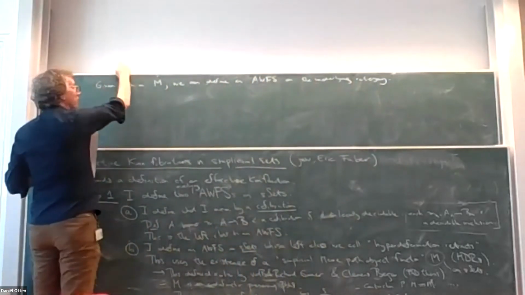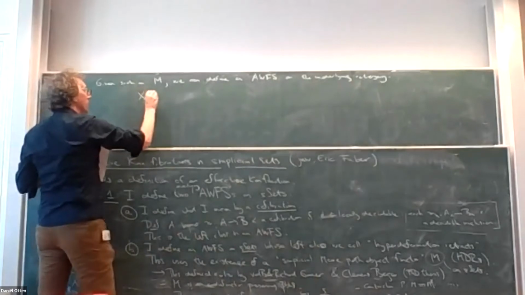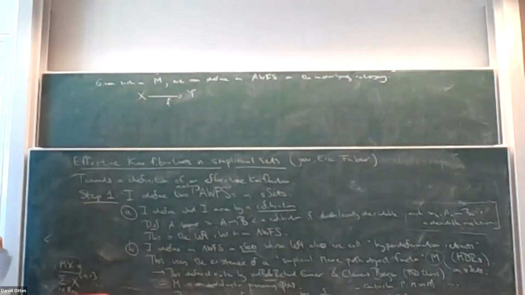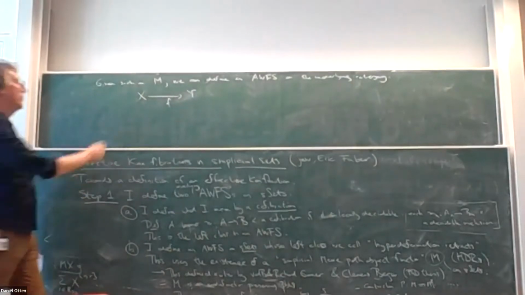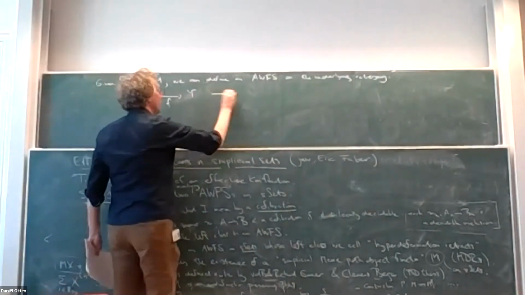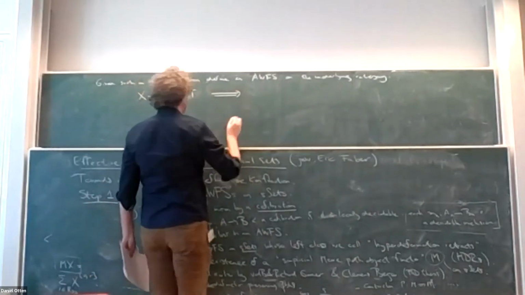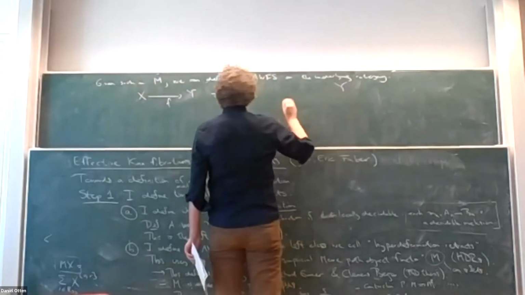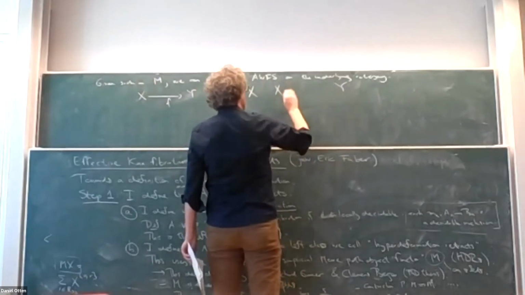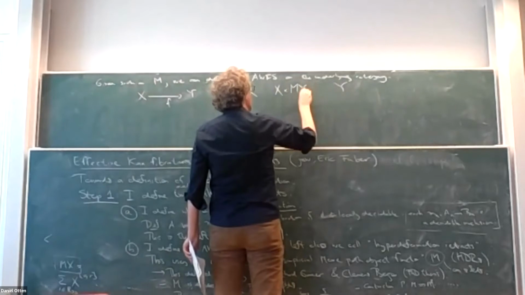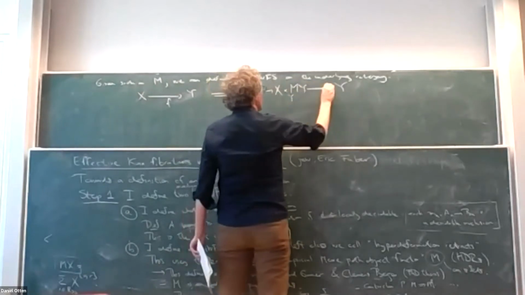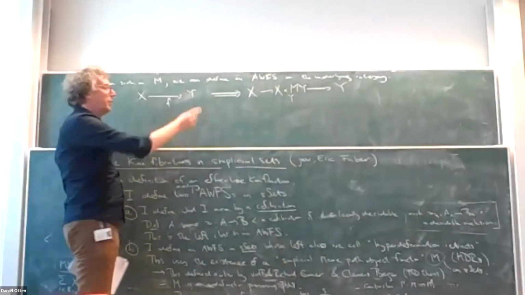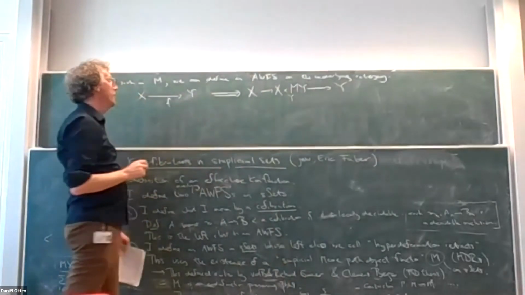The idea is absolutely standard for people in algebraic topology. We just take a map from X to Y and factor it. I just want to say what the underlying factorization is. So we go to X times, and factor using the fibration.